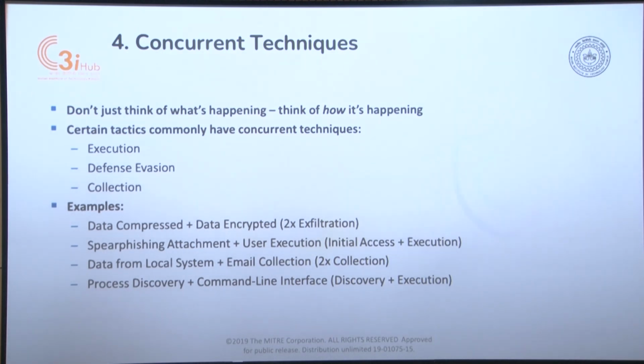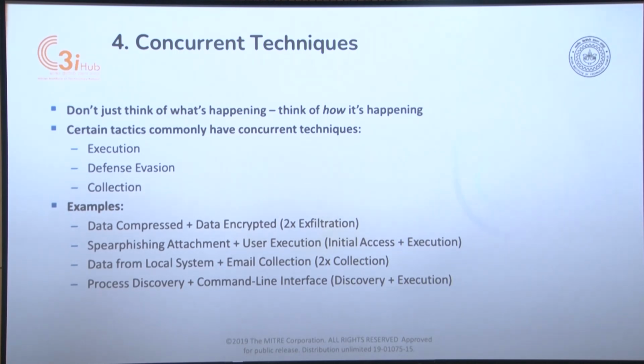Similarly, if they are performing two techniques together, something like one can receive the spear phishing attachment, and once the user executed that, by double clicking or opening it, that comes under two tactics, initial access and execution, and there will be two techniques, spear phishing attachment and user execution. So the two techniques can occur all together.